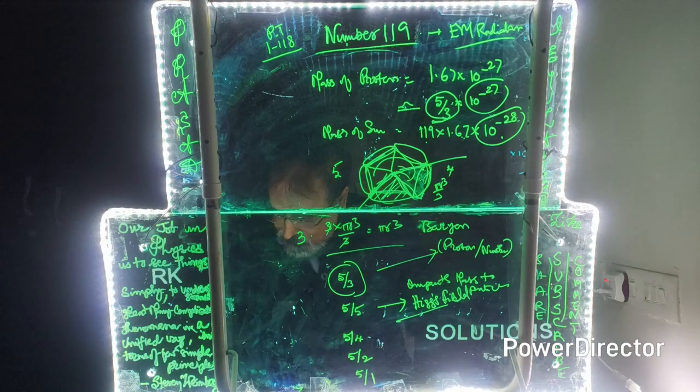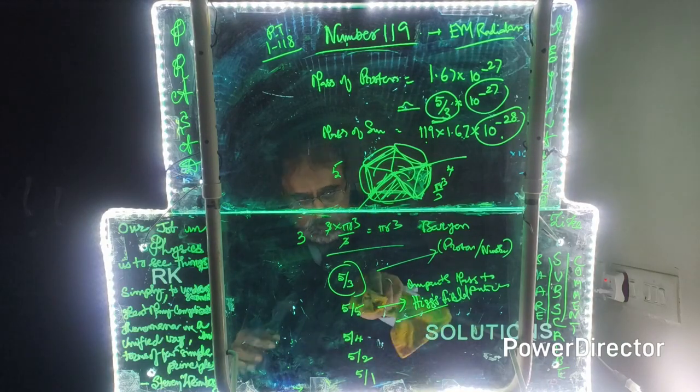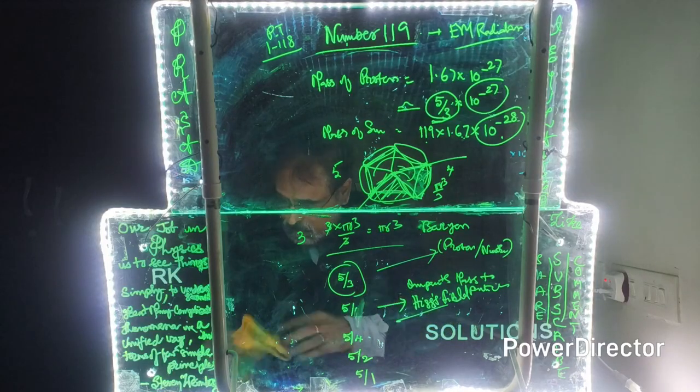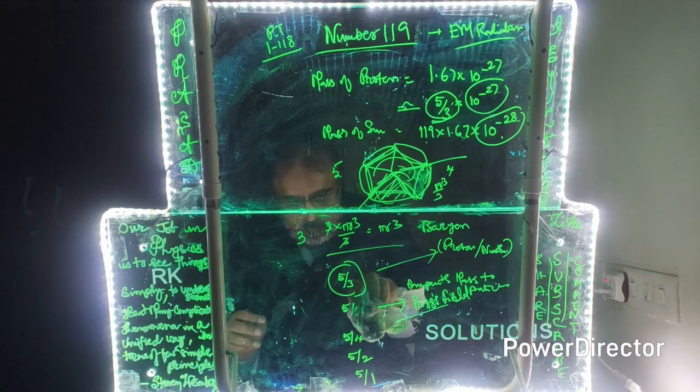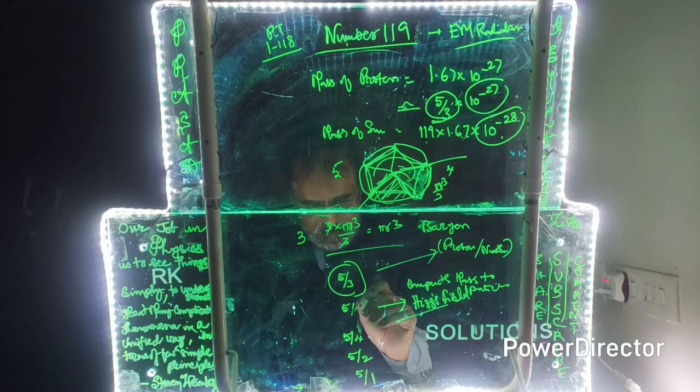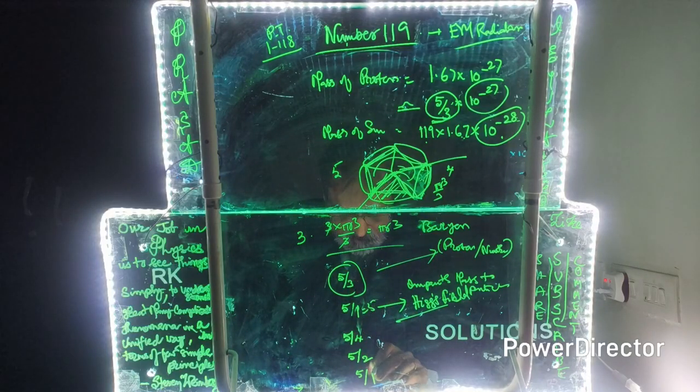Rather, sorry, this should be 5 by 1 equal to 5, and this should be 5 by 5, which is 1. Right?